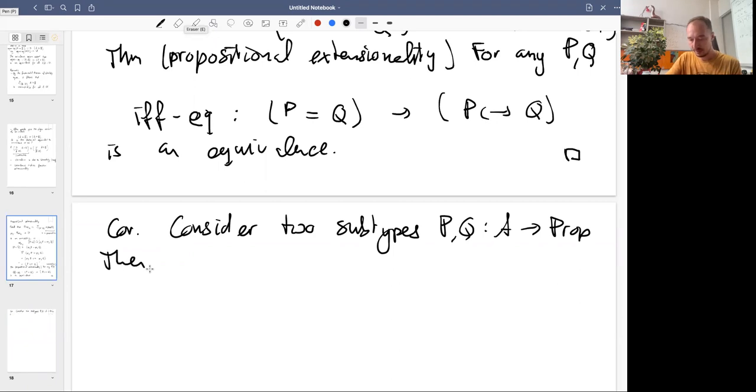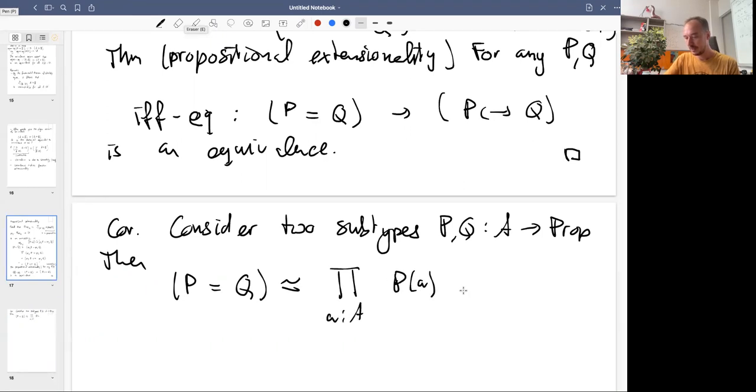Then P equals Q is equivalent to, for every a in A, P of a if and only if Q of a.